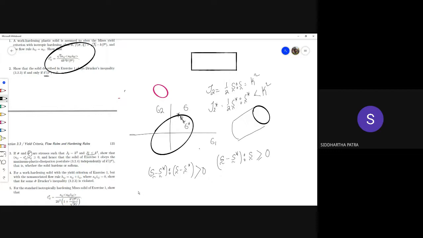Now this can be expanded into S inner product S minus twice.